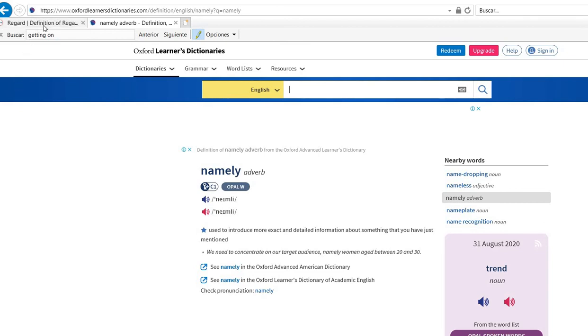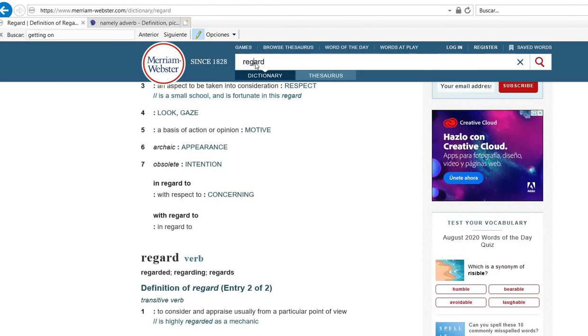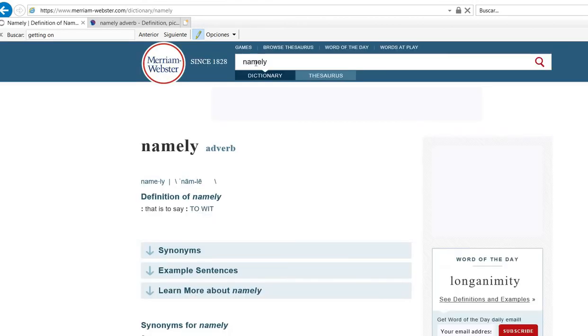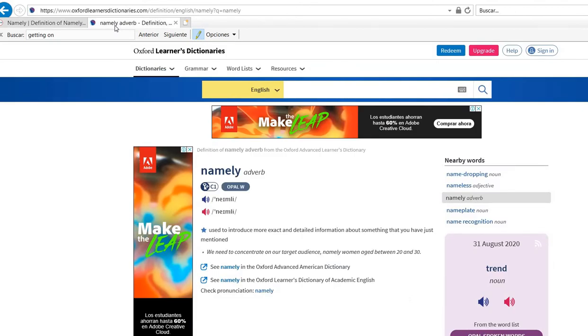Namely means basically that is to say, right? Let's see, I think Merriam-Webster uses that is to say as the explanation. Well, yes, that is to say, or to wit, right? So remember, namely is not mainly, all right?